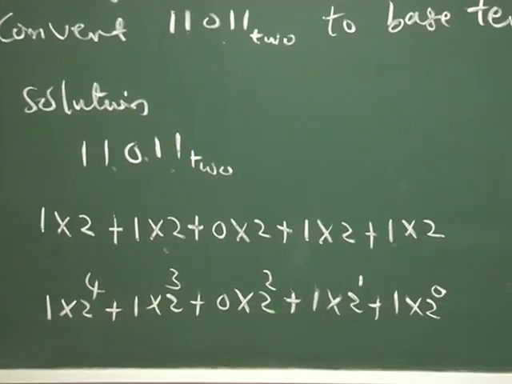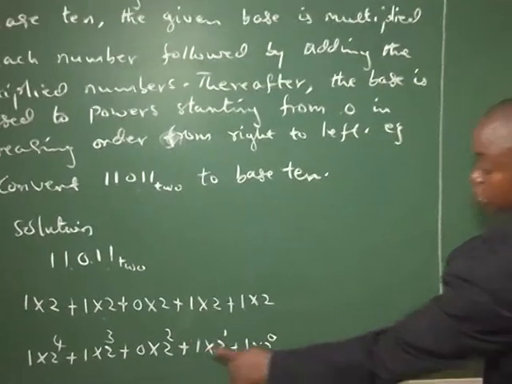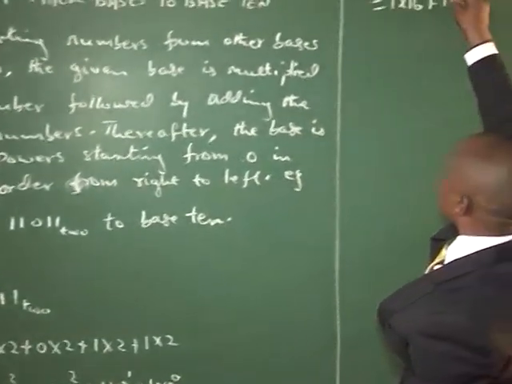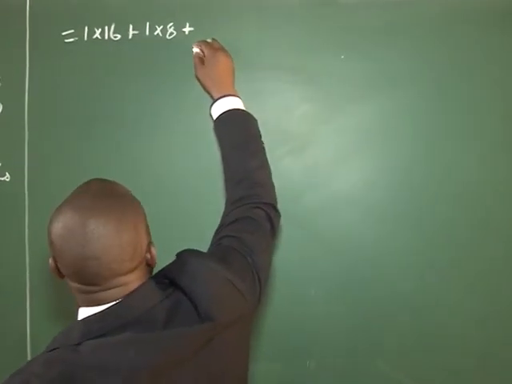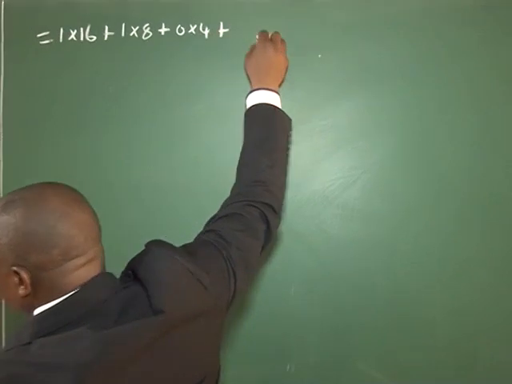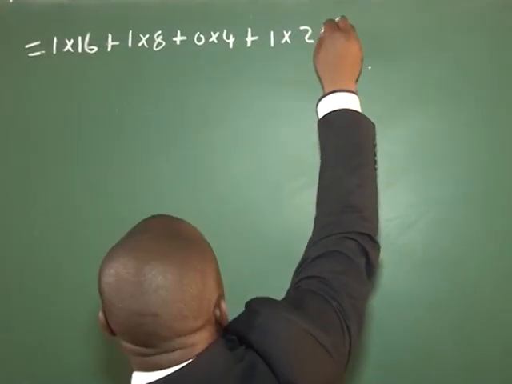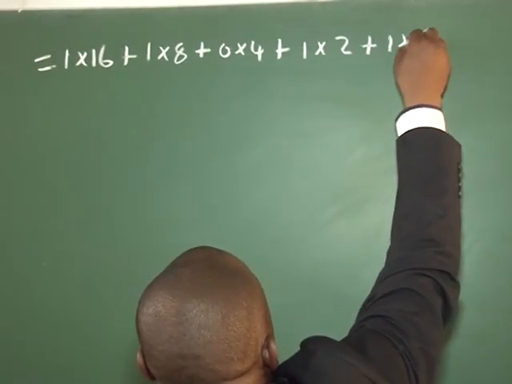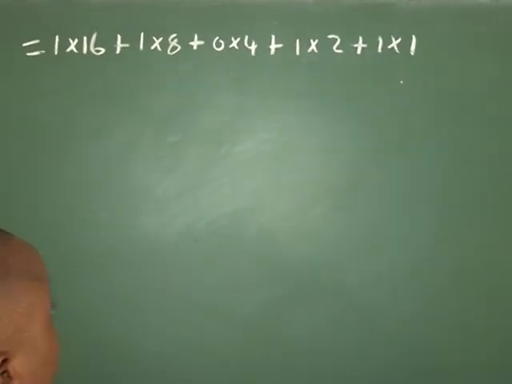2 raised to 4 will give us 1 times 16, plus 2 raised to 3 is 8, so 1 times 8, plus 2 raised to 2 is 4, so 0 times 4. And then we have plus 1 times 2 plus 1 times 1, because anything raised to 0 is 1.